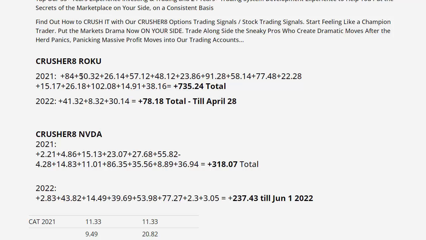I don't think this is the best representation of performance, just putting all these trades in a row. But it's great for a calculator, okay? So we have this 84, okay, plus 84 points, plus 50, plus 26, plus 57, plus 48, plus 20, plus 91, plus 58, plus 77, plus 22, 15, 26, 102, okay? So you see here, we're capturing these bigger types of moves on Roku, and it's a method that has this capability, and you can see here, I don't think there's even a loss.